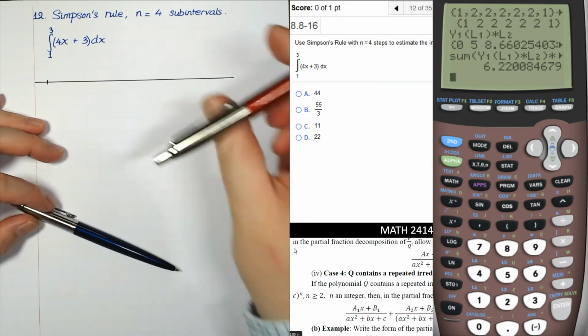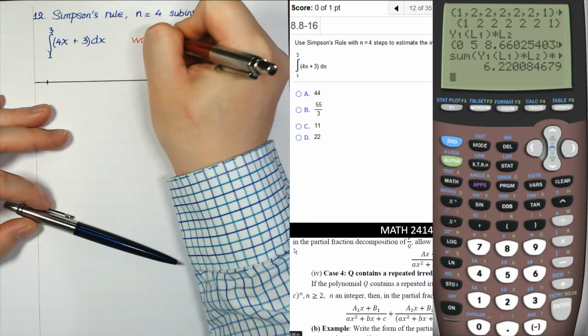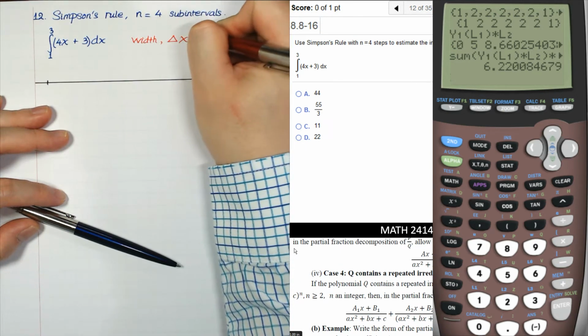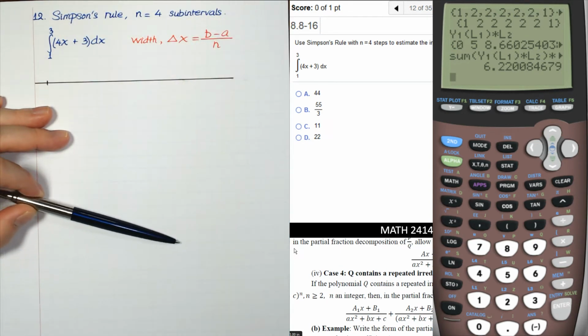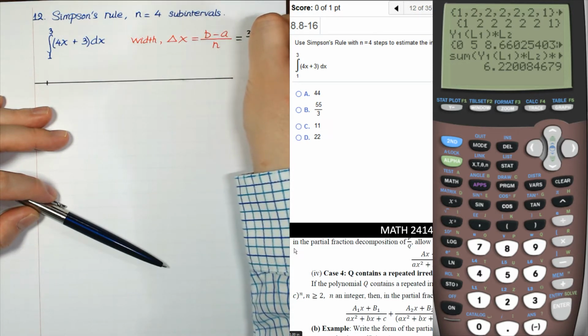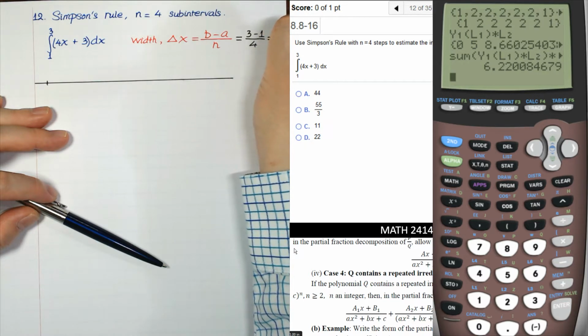Right, first, as always, the width. Three minus 1 divided by 4 is 0.5.